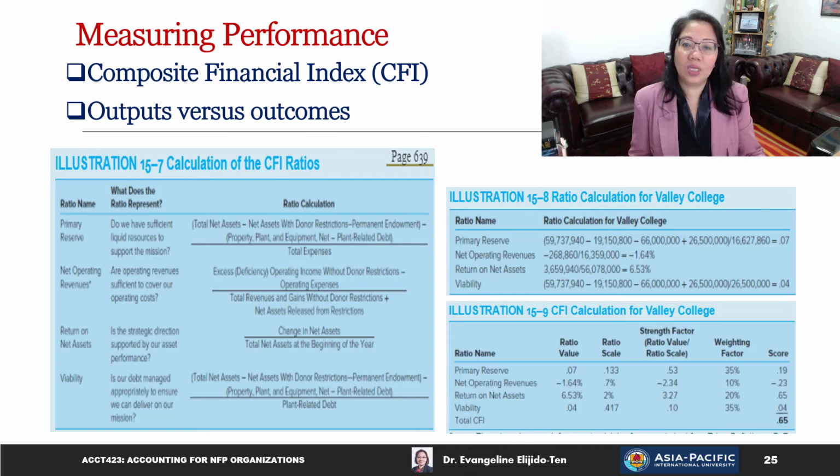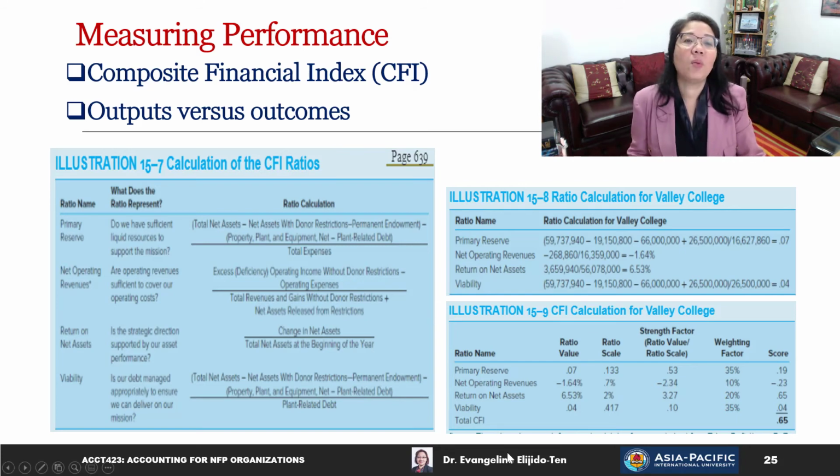Okay. The calculation for Valley College CFI is provided in illustration 15-9. Now we won't go into so much detail as to the calculations of the CFI, but suffice it to say that a score of 0.65 simply means that the college is in some kind of financial stress.